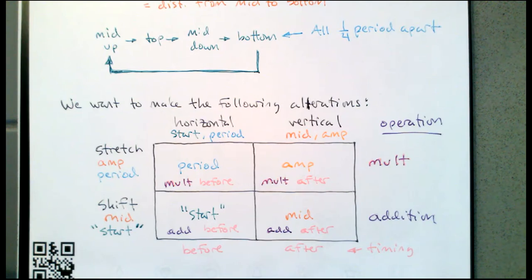The other reason that I want you to think about it in these terms is that thinking about stretching and shifting in this fashion translates to functions in general, not just trig functions. Words like amplitude, period, start, middle, that's all specific to sine and cosine. But vertical and horizontal, stretches and shifts, that works for all kinds of functions.